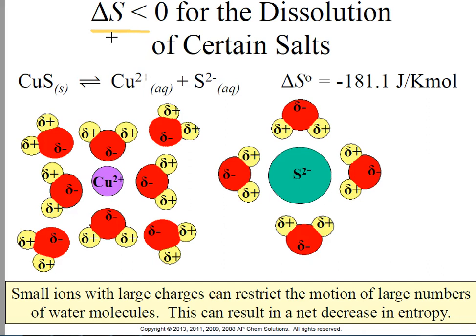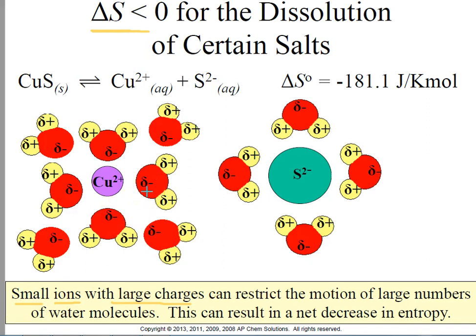But in some cases, and this is rare, the entropy, the disorder, can actually go down. And the reason for that is because these ions are now surrounded by water, and the water is being attracted to these ions. If the ions have a large charge, like these do, +2 and -2, and if they're relatively small, remember that attractive force increases when your size decreases.